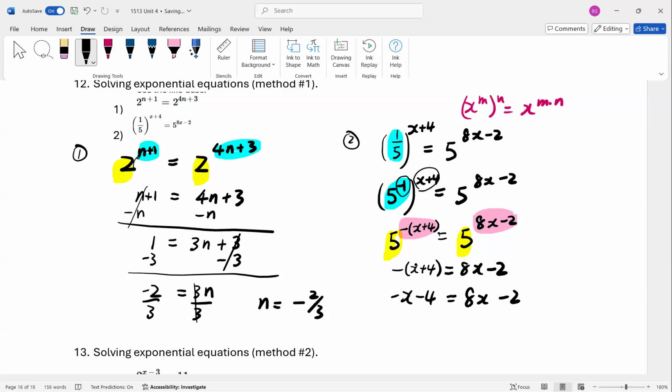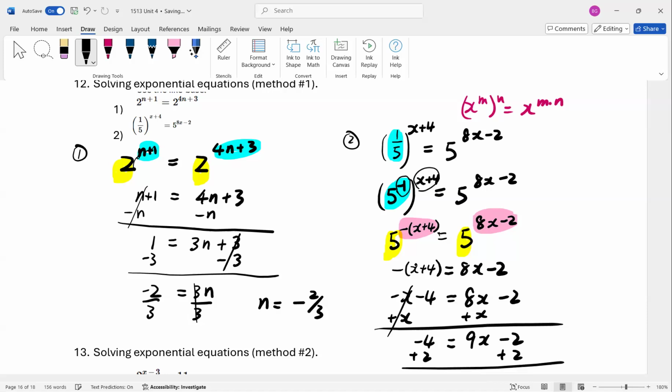All right? And then since we have 8x positive on the right side, we are going to isolate the x on the right side this time. We are going to add x to each side. Negative x, positive x cancel. And we have -4 equals 8x plus x, 9x minus 2. And then we add a 2 to each side. -2, +2 cancel each other.